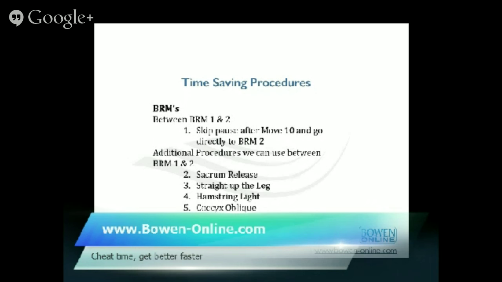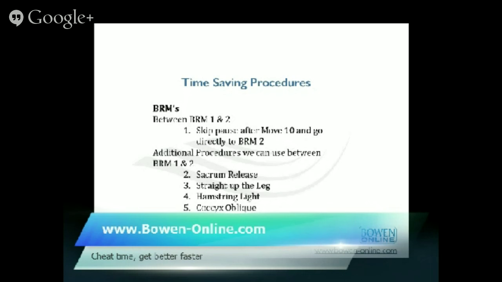So sacrum release is a treatment along the edges of the sacrum, where the glutes attach to the sacrum. We can do a series of Bowen moves that release that tension. And this, I think, is one of the most valuable procedures that was unfortunately taught so much later in the general training of Bowen therapists.